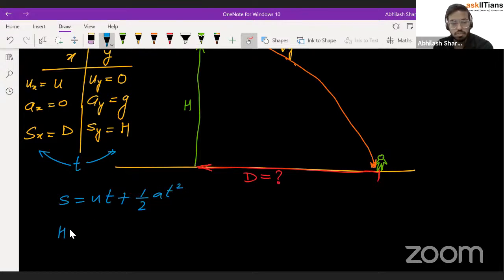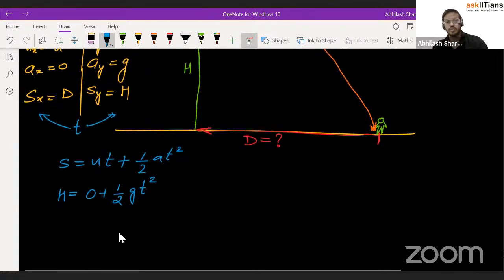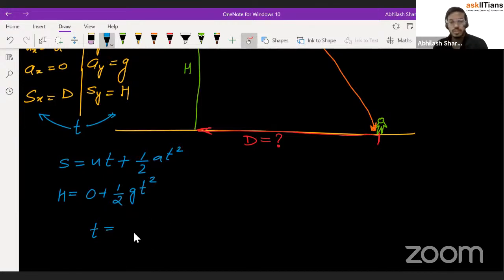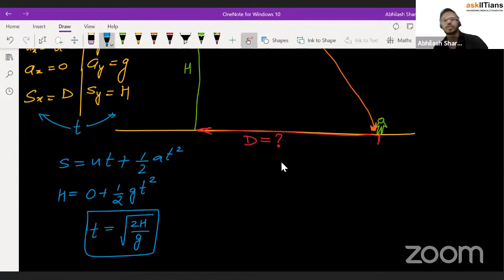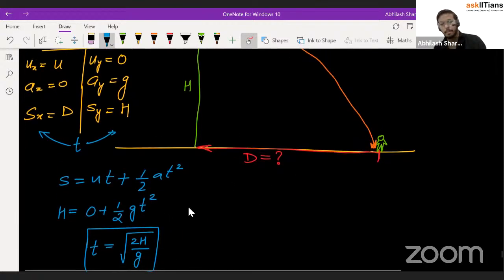S is h, u is 0, half g t squared. What is the value of time we are getting? Cross multiplying the 2 to the other side, dividing by g, we get t equals root 2h by g. So we got the time after which the packet hits the ground, but we needed the distance d.